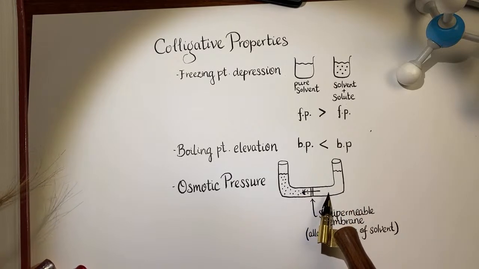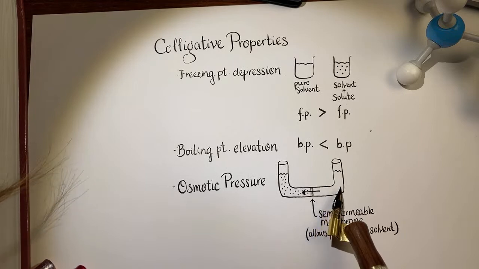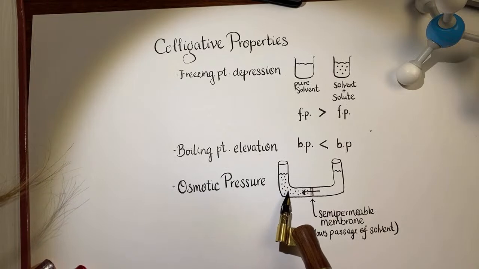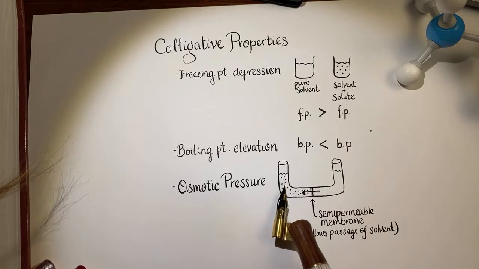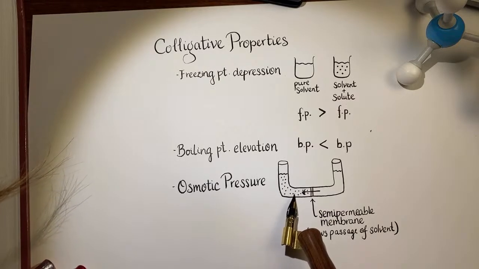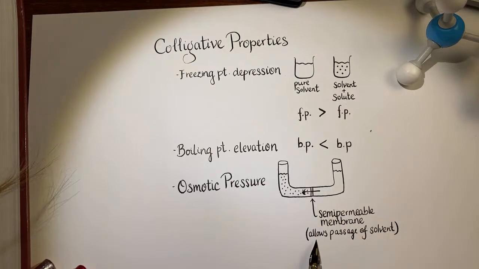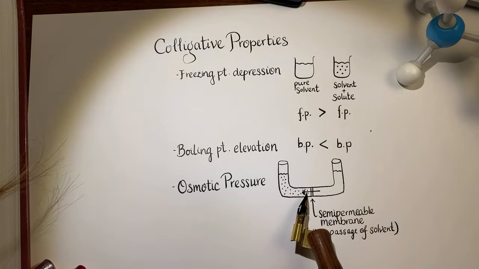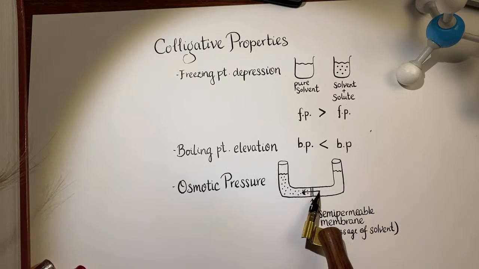Where this concentration is clearly very low, it's pretty much zero. And this concentration is definitely higher. We have that salt present. So, since this membrane allows the solvent, or in this case, the water, to pass through, it will naturally, spontaneously flow this way.